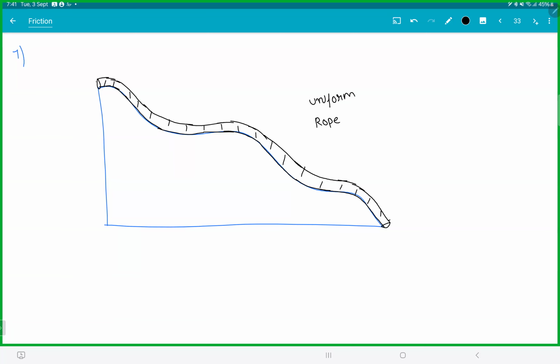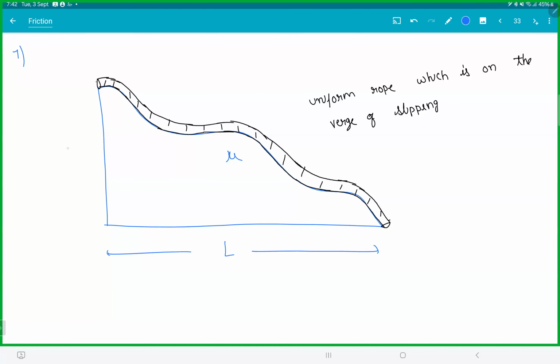It's a uniform rope, which is on the verge of slipping. Means a little push and it will go off. See, whenever you hear the words verge of slipping, it means frictions are maximum. So this is mu, this is L, this is H.